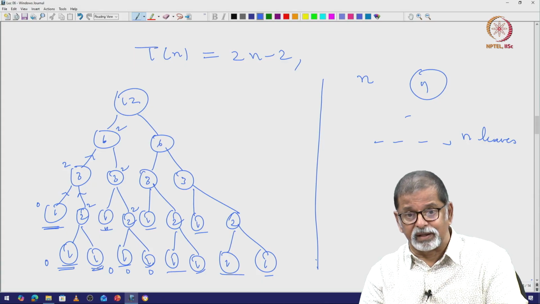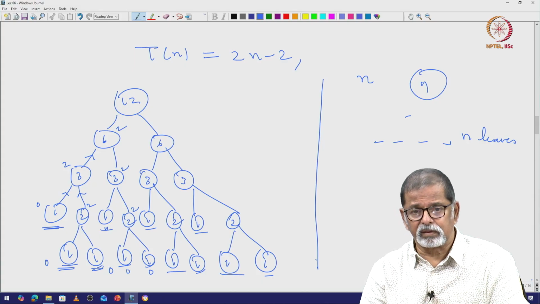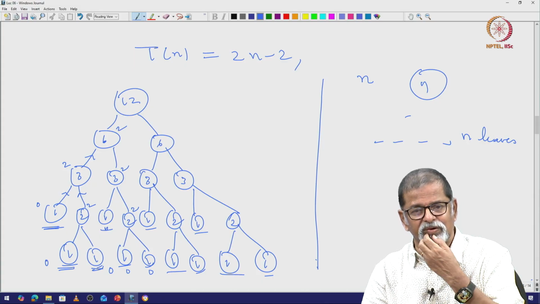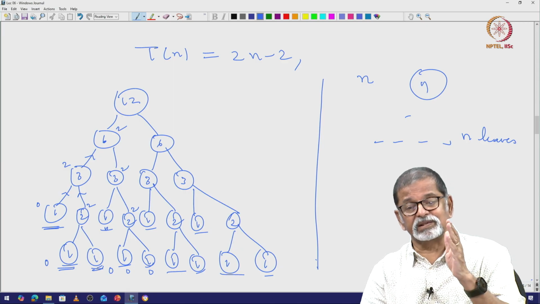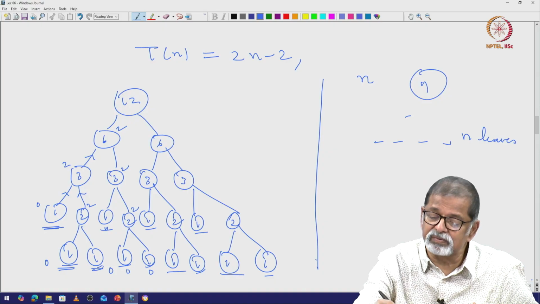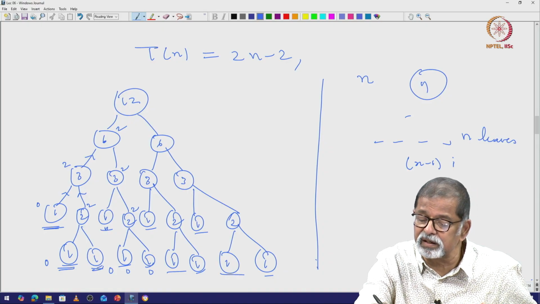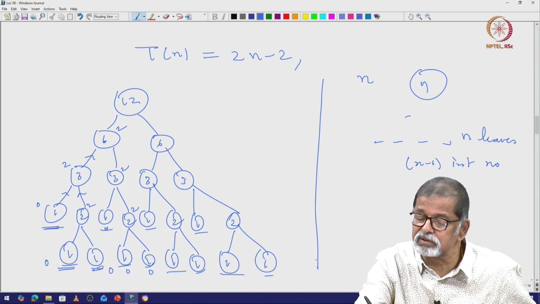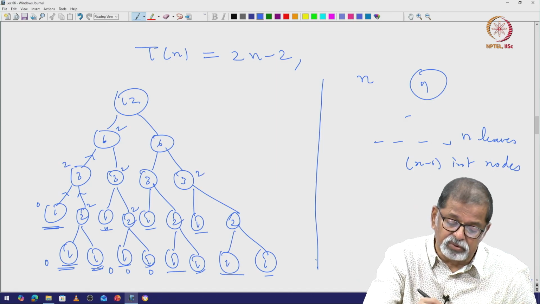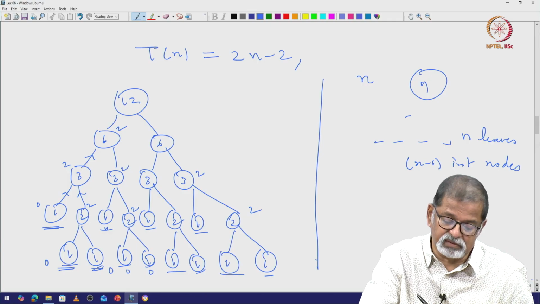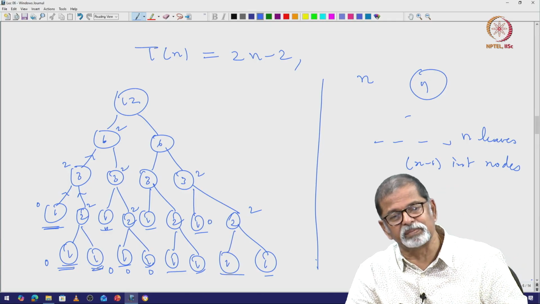The key property of a full binary tree is that if it has n leaves, it will have n minus 1 internal nodes, and at each internal node you do 2 comparisons. If it is a leaf, you do no comparison.